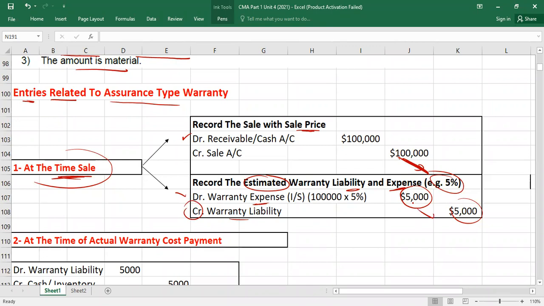Now you might think, how is it possible? With each sale, I have to book a warranty entry also, right? It will increase your burden of work. So most of the companies have policies. Sometimes they book this entry weekly, sometimes monthly, or maybe daily, if you can do it.